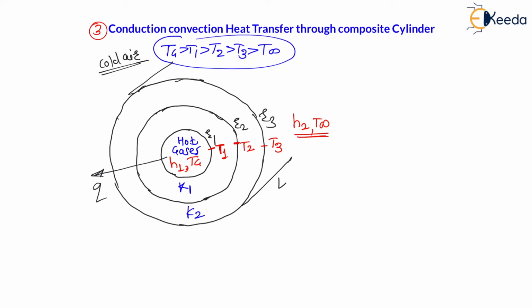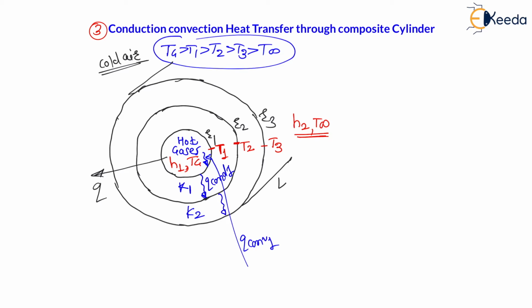Now, my dear students, between the hot gases inside and the inside surface, there will be a convection. Let us say this heat transfer is Q convection 1. Again, between R1 and R2 in the first cylinder, there will be a conduction, Q conduction of the first cylinder.